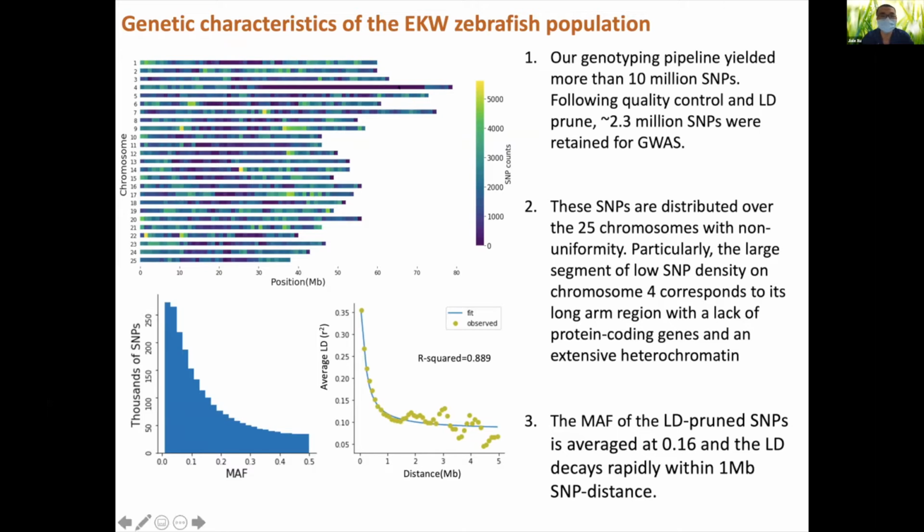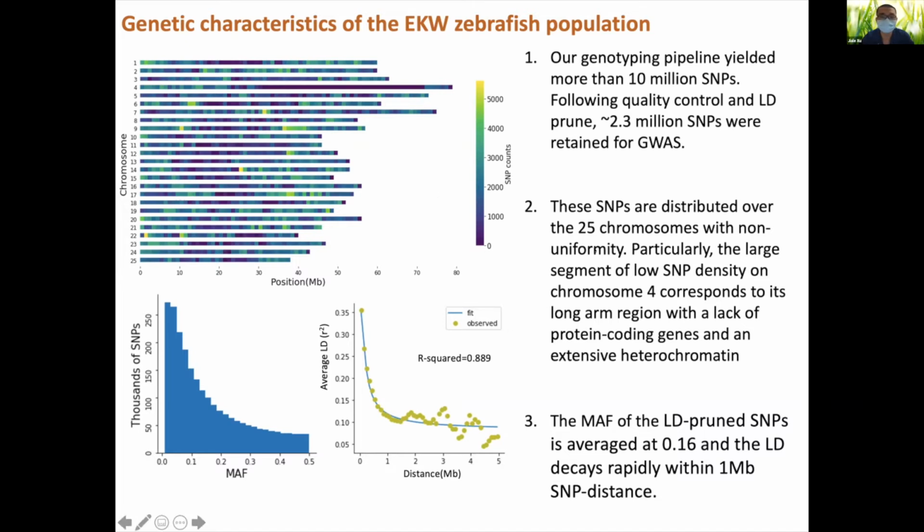You can see particularly on chromosome 4, a large segment of low SNP density, which corresponds to a region on the long arm that has a large lack of protein coding genes and extensive heterochromatin.